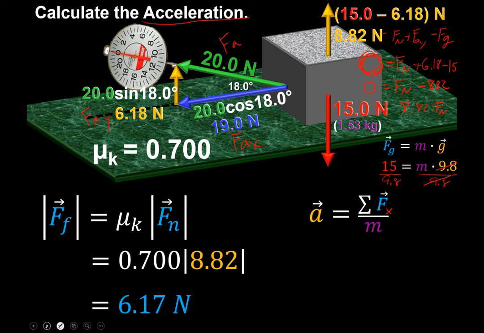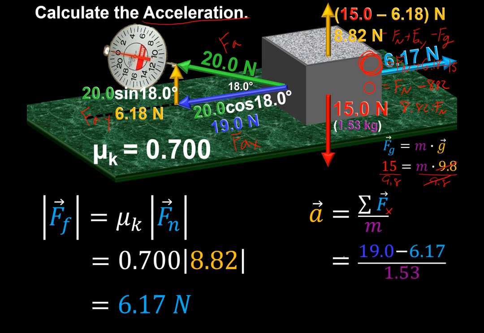So then the forces that are in the x direction would be your force applied in the x and your force of friction. So force applied in the x minus your force of friction divided by your mass. Voila! You get that it's moving at 8.04 meters per second squared.